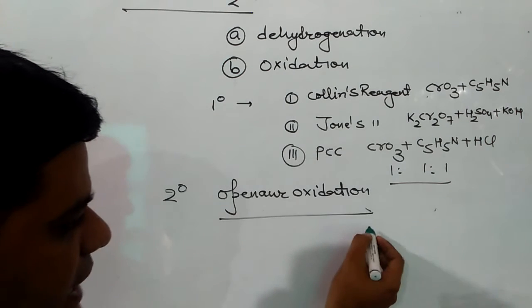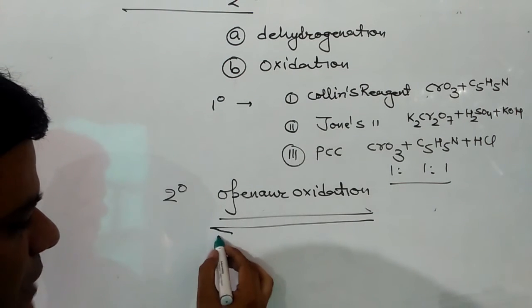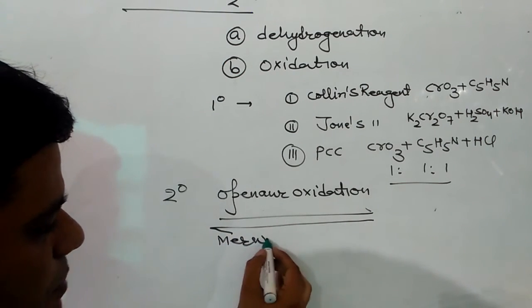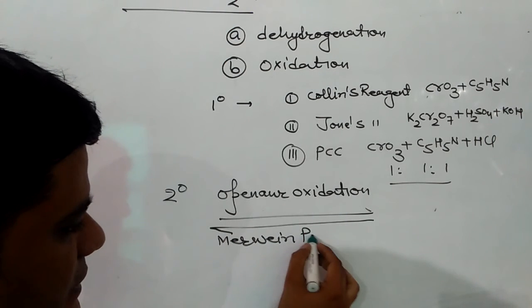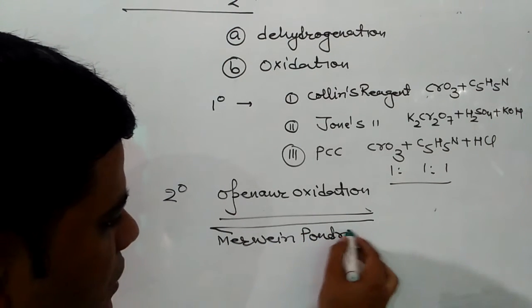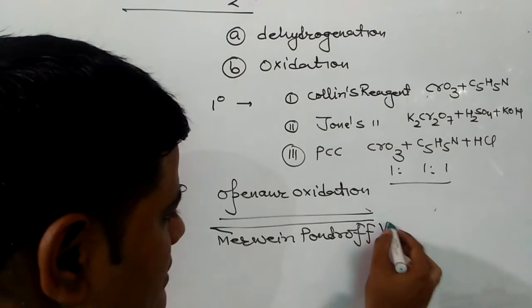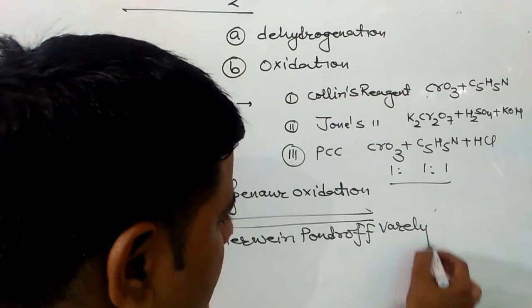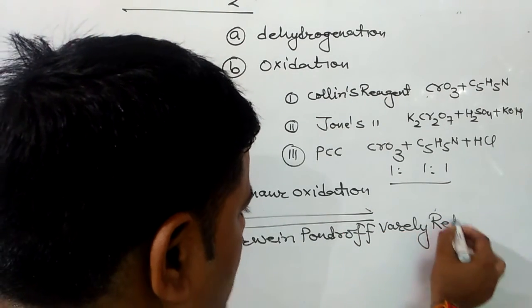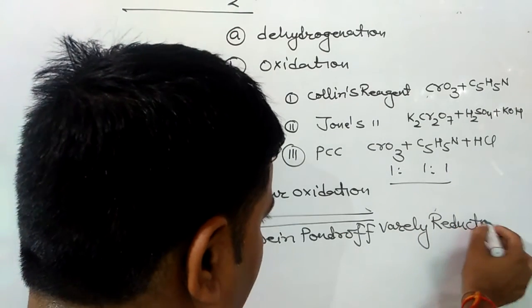And the reverse of this reaction is very important one for objectives, that is Meerwein-Ponndorf-Verley reduction. Oppenauer oxidation, and reverse of that is known as Meerwein-Ponndorf-Verley reduction.